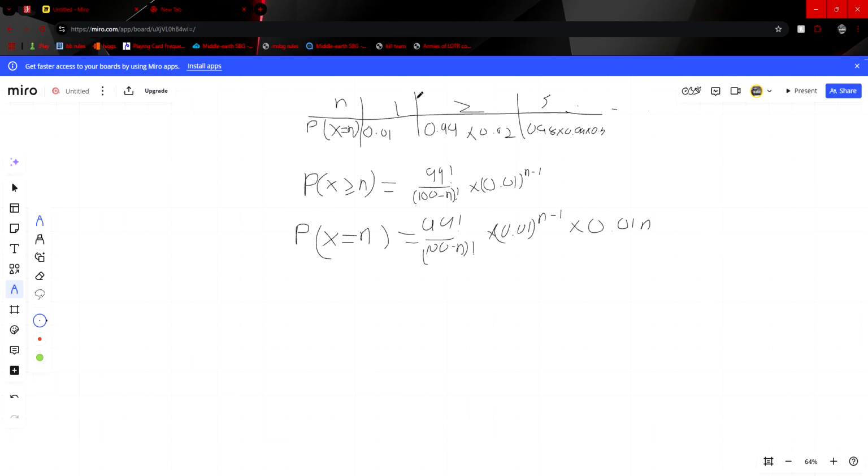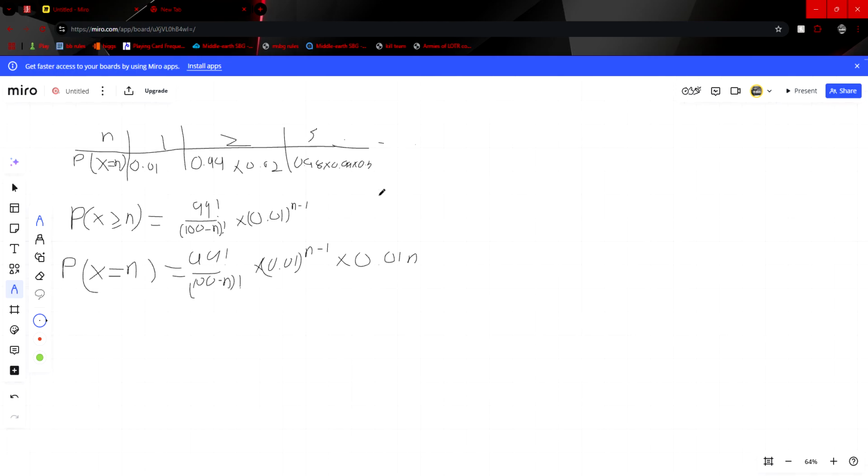That is the chance of it resetting on any given turn, given it gets to that point, because it's increasing by 0.01 each time, so that's 0.01n.